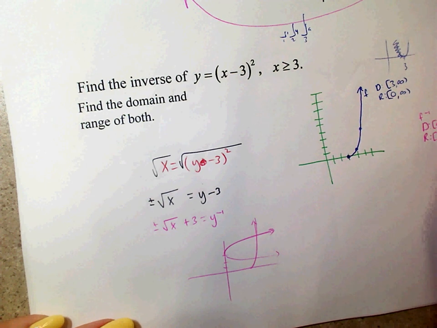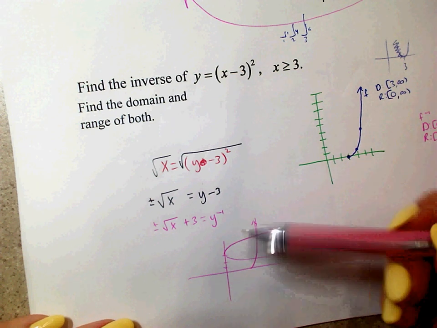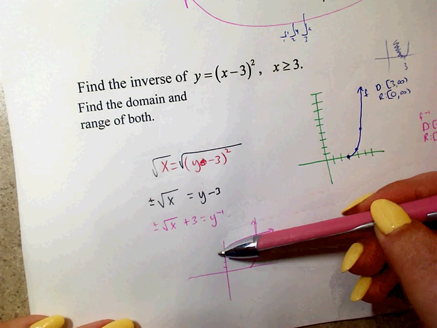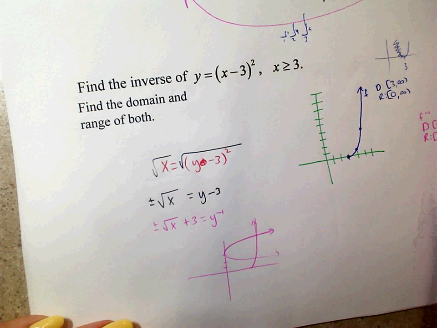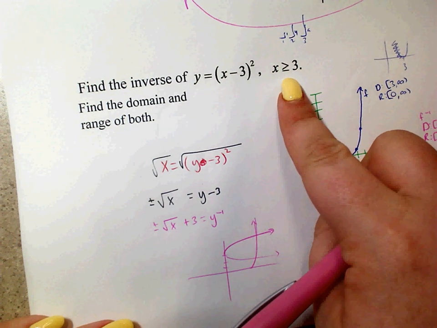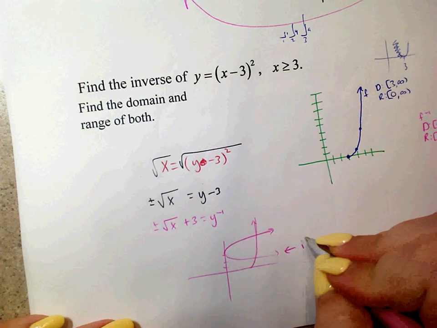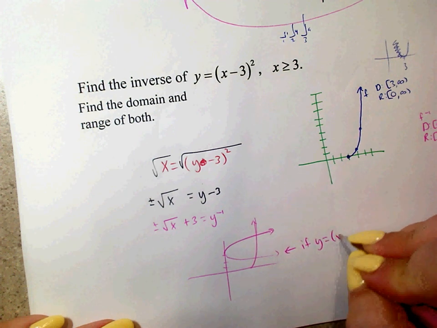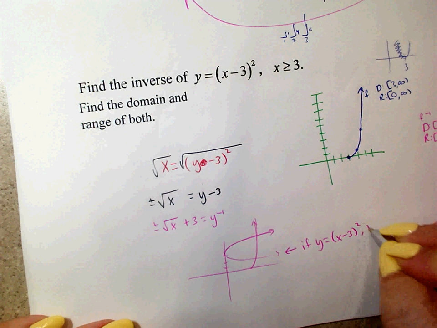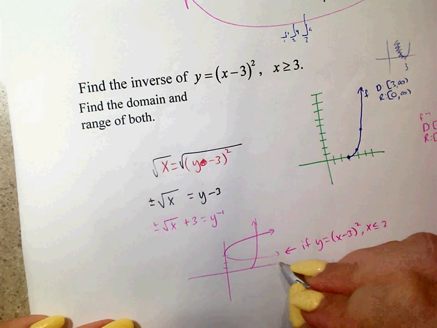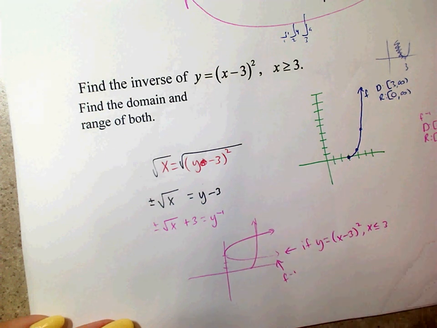So as far as range goes, I need the one that's 3 to infinity, not negative infinity to 3. But that also means that if I had started with x is less than or equal to 3, so if y had equaled (x minus 3) quantity squared for x less than or equal to 3, then this would be f inverse. Okay, just the bottom one.